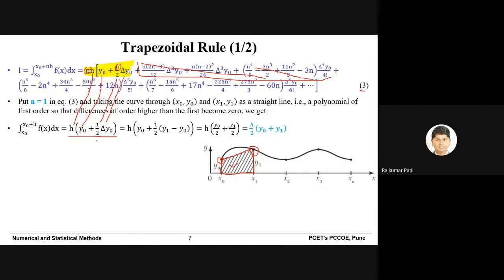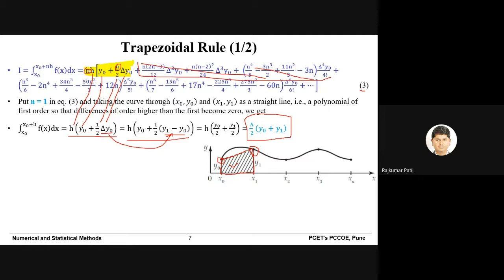This is the modified equation we get from equation number 3, where del y0 is nothing but y1 minus y0. So replace del y0 by y1 minus y0 and simplify. Upon simplification, for the given trapezoid, we will get the area as h by 2 in bracket y0 plus y1.